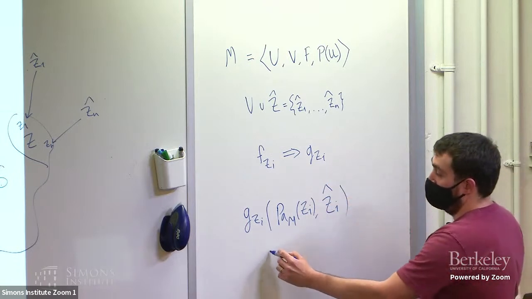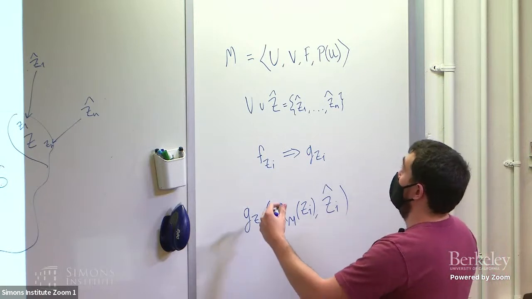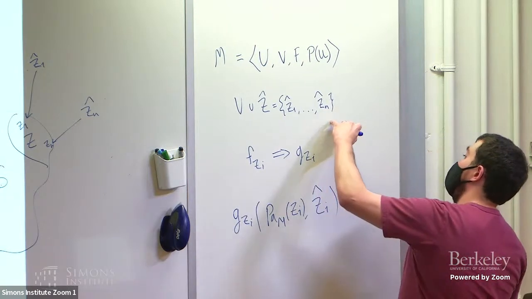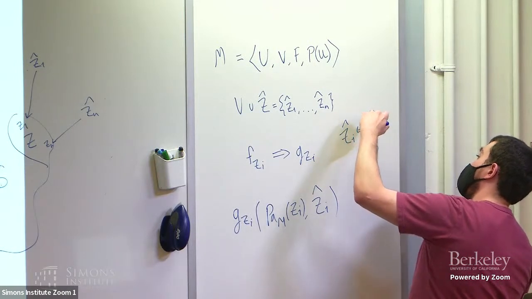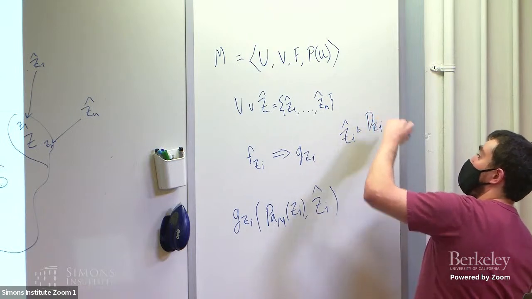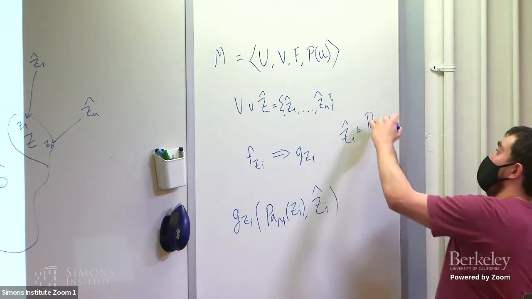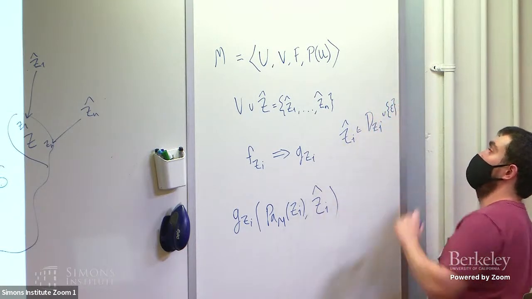And it will do the following. So zi hat will have domain equal to the domain of zi with one additional value, which we'll write epsilon.